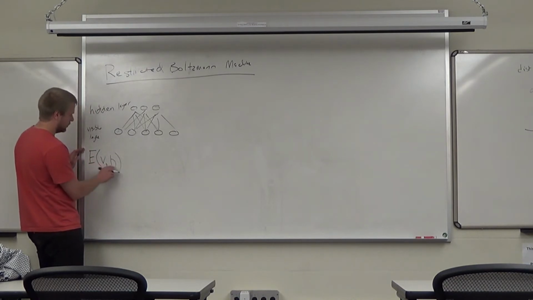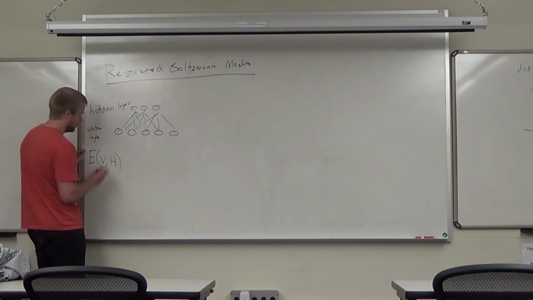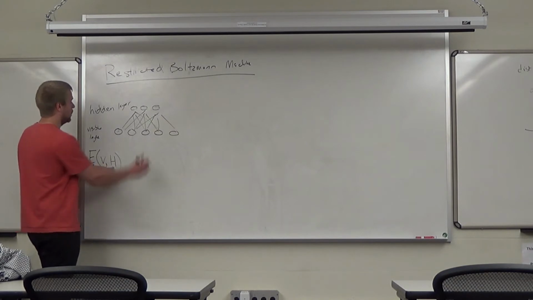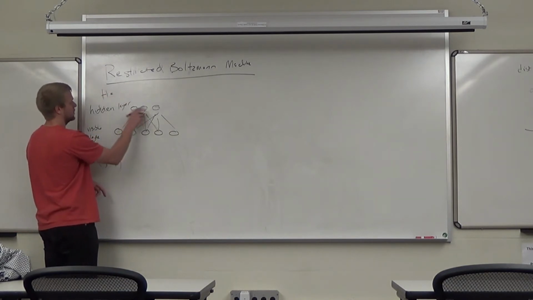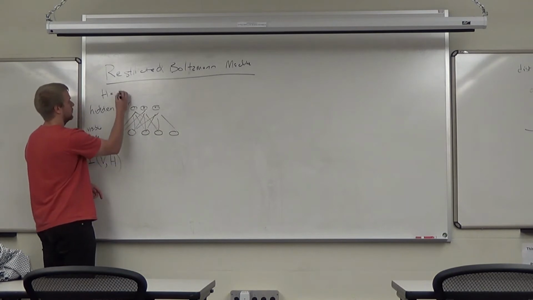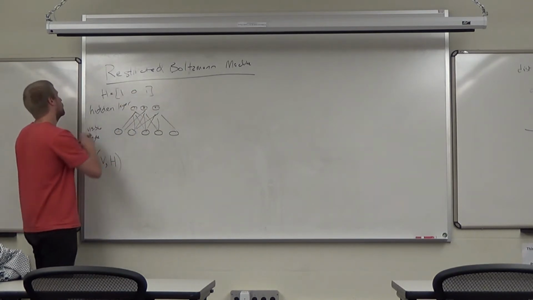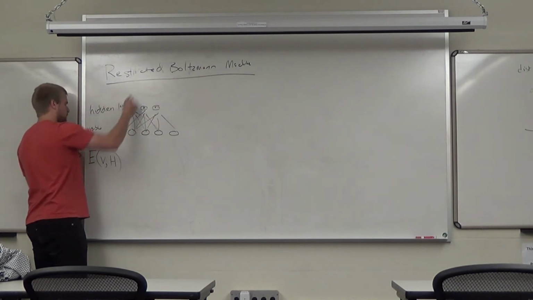So I'll use V and H to represent vectors of visible and hidden activations. So V would equal, in this case, let's say 1, 0, 1, and H would be 1, 0, 1. And now let's think about this for the whole layer.